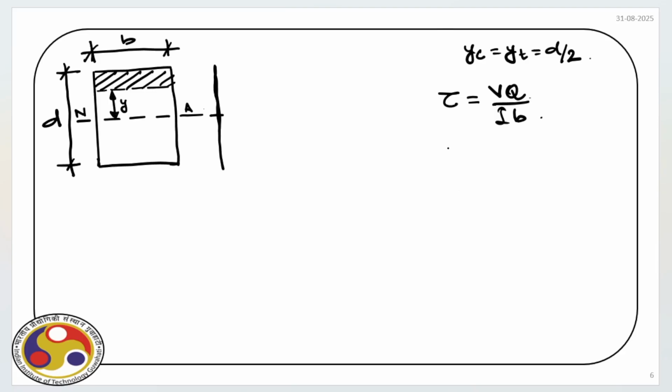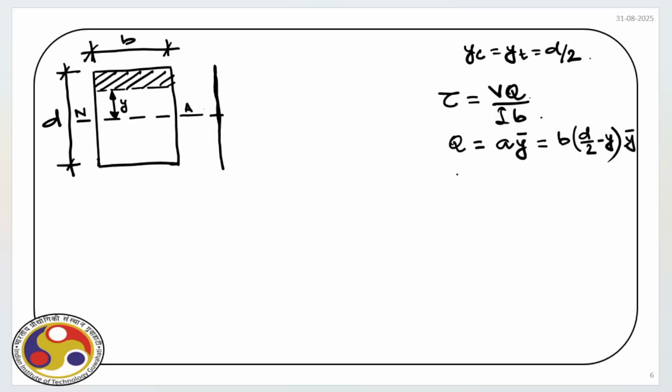Then what is Q? Q is equal to A times y bar, right? A is the cross-sectional area that we can easily find out. It is the width B times d by 2 minus y, the depth of the section, times y bar.